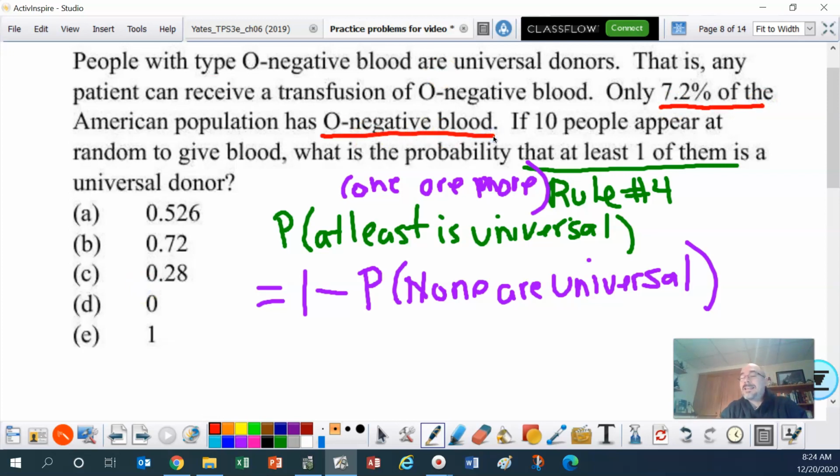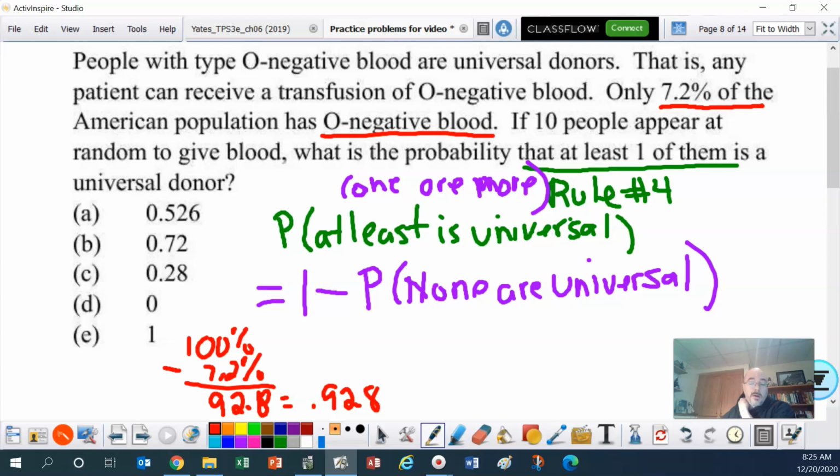Well, I need none of them to be O negative. So I've got to take my 100% minus my 7.2%, and I'm going to get, let's see, 92.8%. Now remember, I cannot use the percent. I got to change it to a decimal.